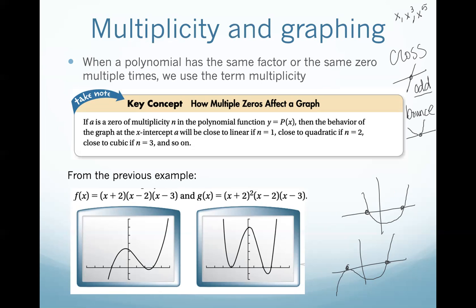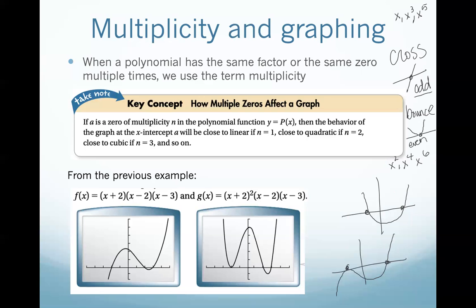If we're standing on the x-intercept, the graph is going to leave in opposite directions. If we're looking at x squared, x to the 4th, x to the 6th, those end behaviors go in the same direction. And so the graph is also going to go in the same direction at the zero when the multiplicity is even.